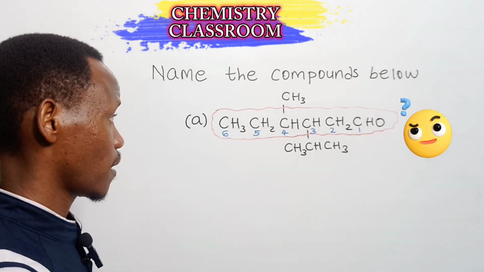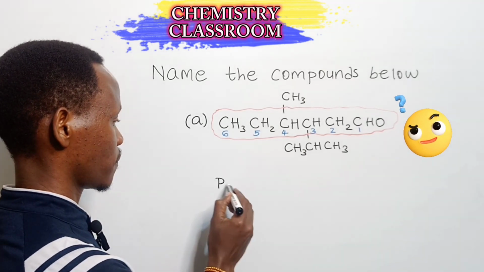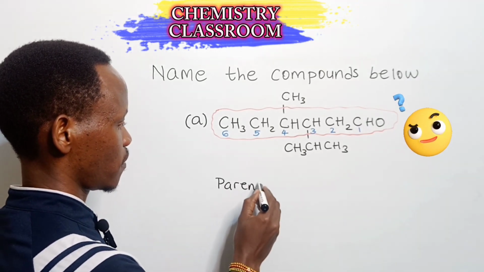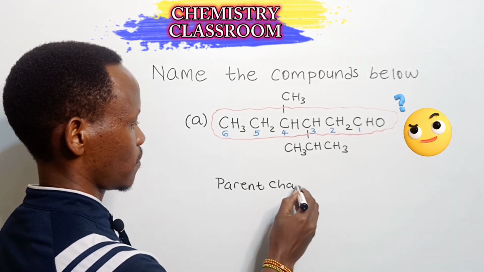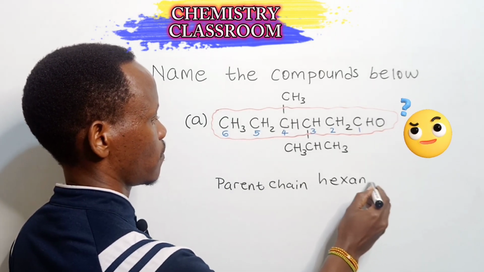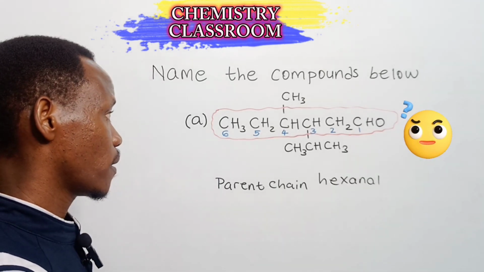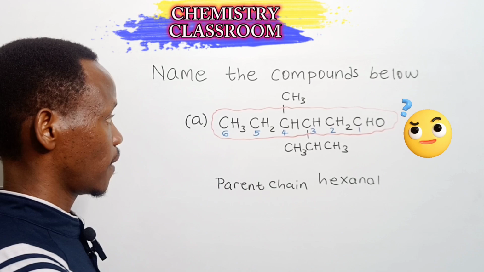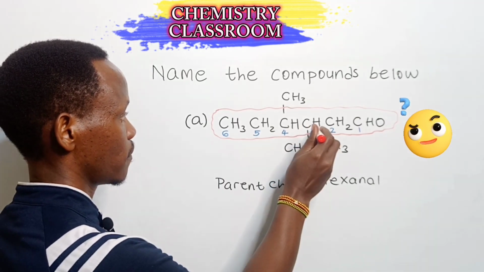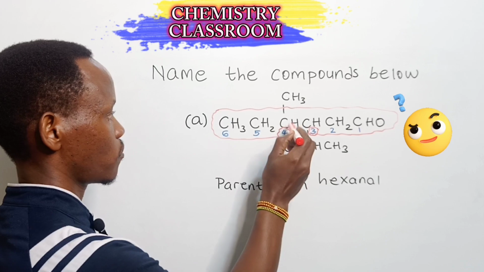After numbering, we can conclude the parent chain, and then also the positions 3 and 4 are of consideration.